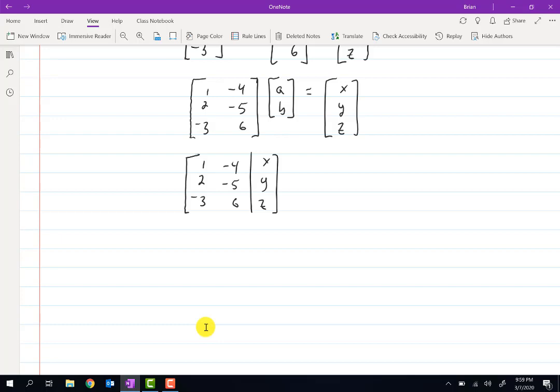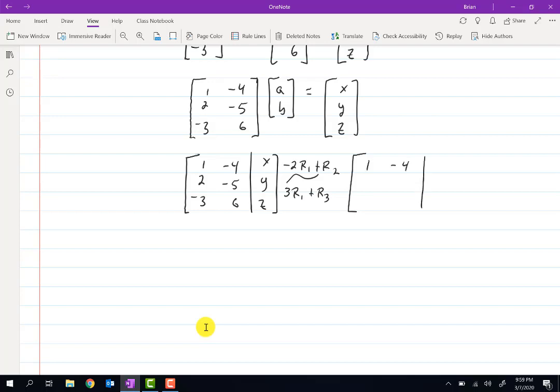So let's see what happens when we start row reducing. Exactly the same things as before are going to happen again here. I'm going to take negative 2 times the first row plus the second row, and 3 times the first row plus the third row. The first row will stay the same.